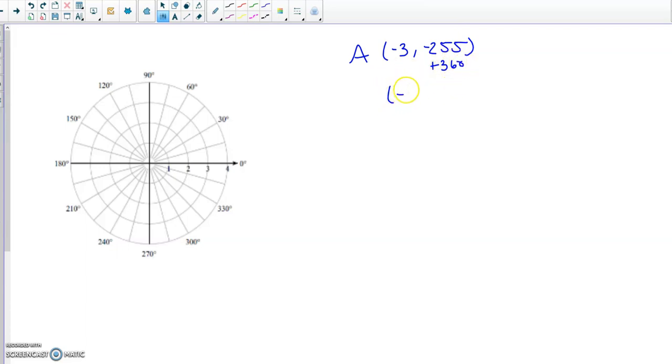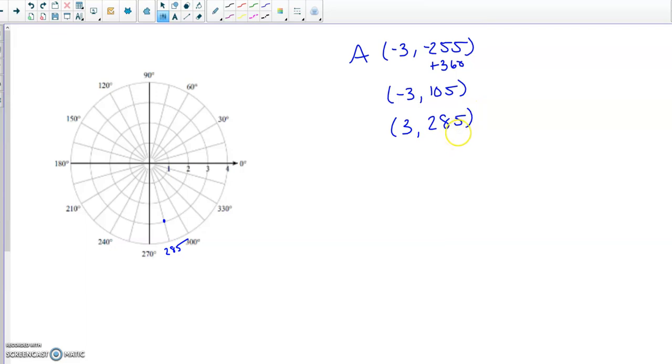So that becomes -3 and 105. If I were to graph this again, this is 105, 1, 2, 3. What is my new angle if 3 is positive? So what number is between 270 and 300? That's a 285. So we'll get 285.